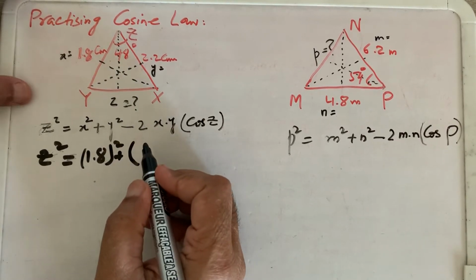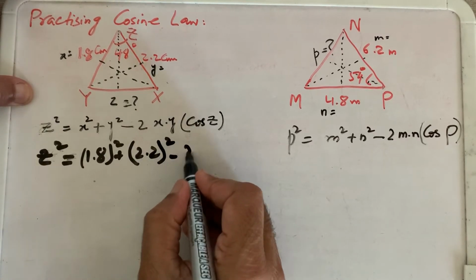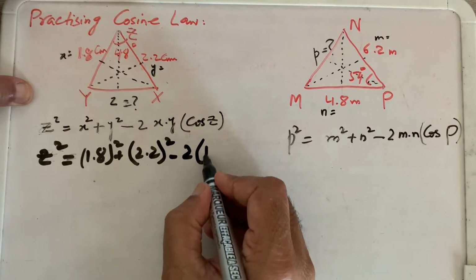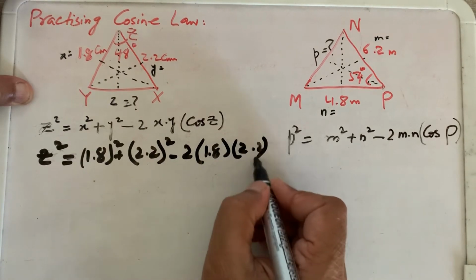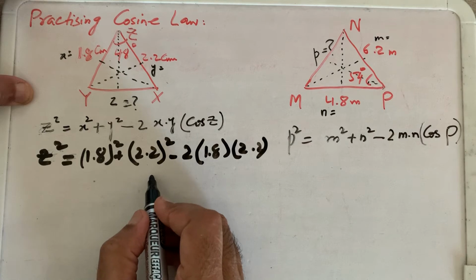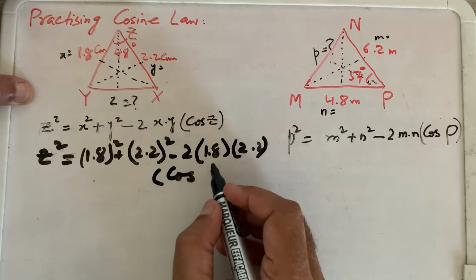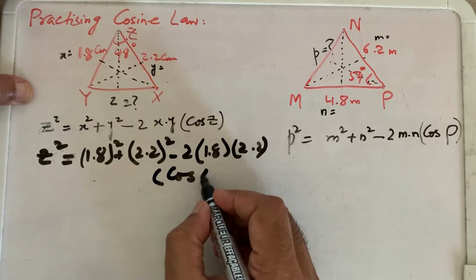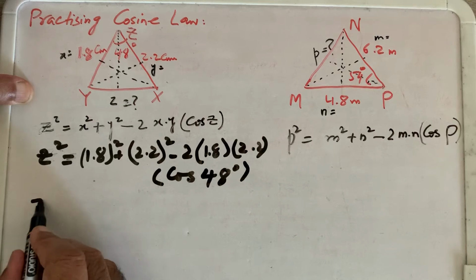What is y? 2.2 square minus 2xy. What are x and y? 1.8 and 2.2, times cos of z. What is z? 48 degrees. So cos of 48 degrees, right? So everything is here now.